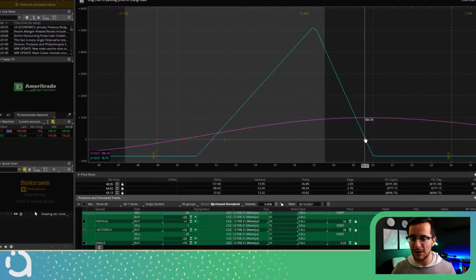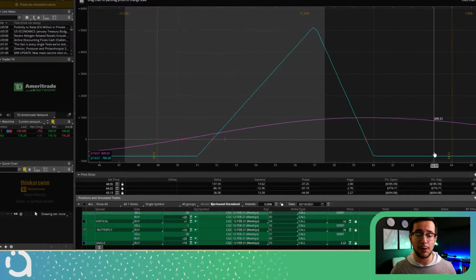And in fact, if it goes above $59.50, we're going to lose money even though we were right on direction. So we cap the high end of where we think the stock is going to go with this butterfly, but we get a better risk reward. And I can very quickly see that using this Analyze Trade tab.